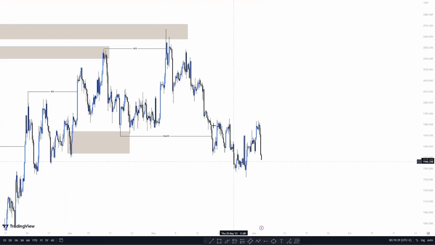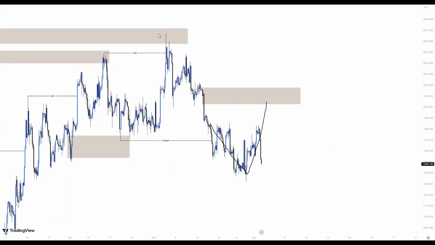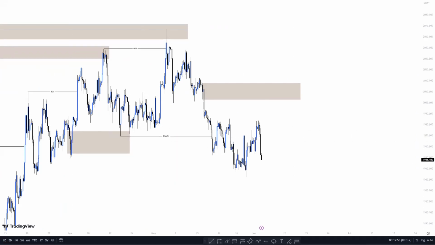Since we've done this, what we're going to do is have our point of interest here. Remember that after the change of character, it's better to pull back. It's just that simple, but make sure that you follow the step-by-step processes. You can also have this one.